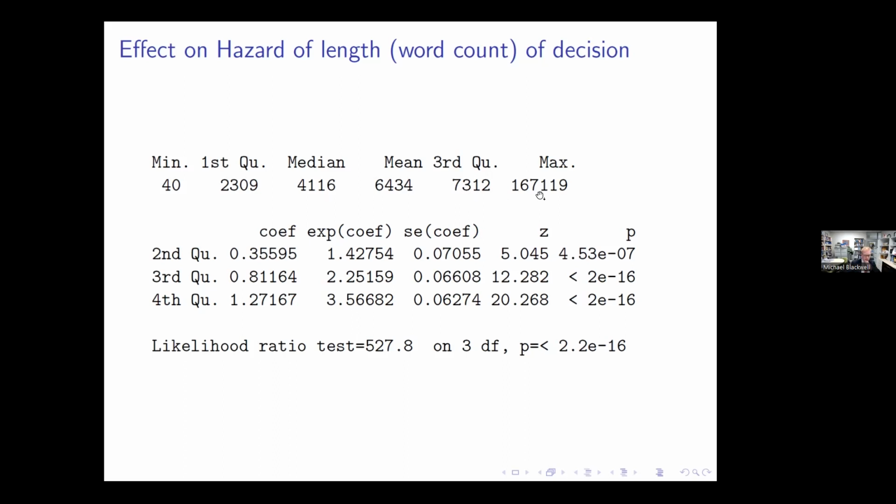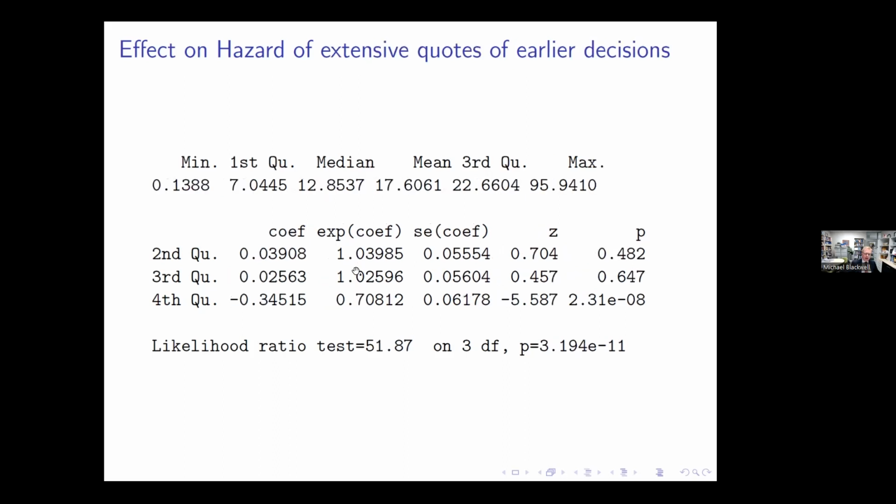You'll see the longest decision is very long, 167,000 words. And the longer the decision, generally, the more likely it is to be cited. However, it partly depends on where the length comes from. If that length comes from just padding from quoting earlier decisions, then that isn't necessarily the case.